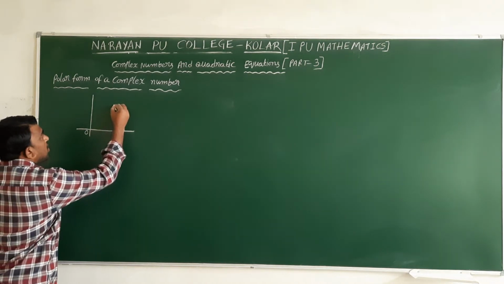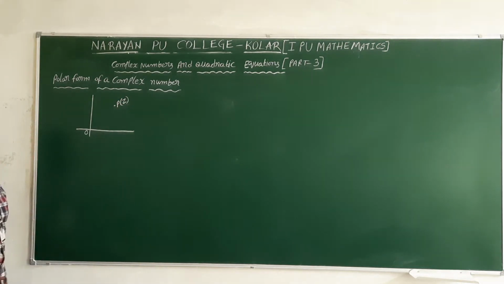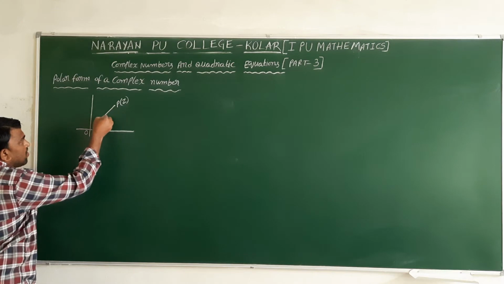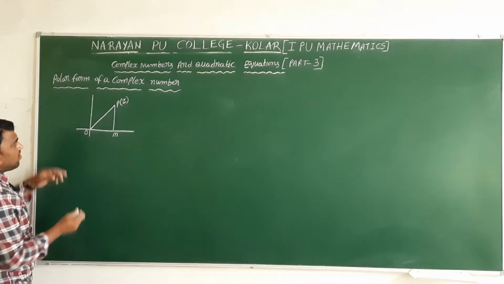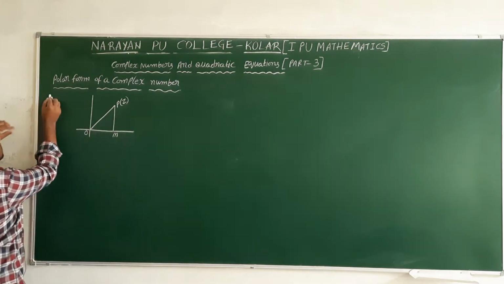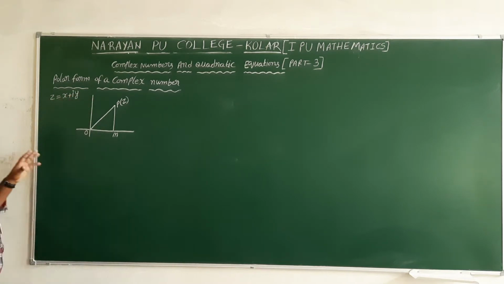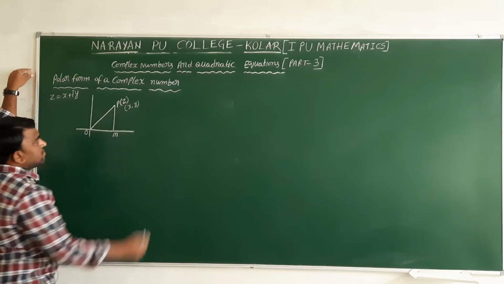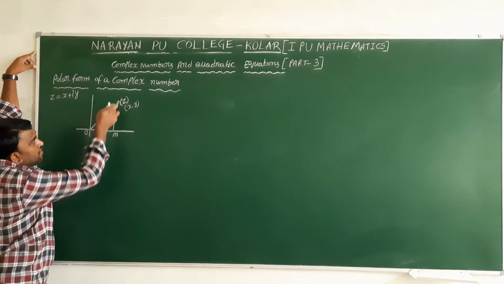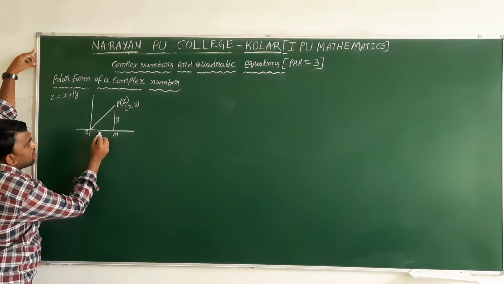Let us take one point P. In the argand plane, the given complex number we take as P. Suppose z is x plus iy, or otherwise a plus ib. So the general coordinates are x comma y. From the x axis, the perpendicular distance is the y coordinate, and this is the x coordinate.